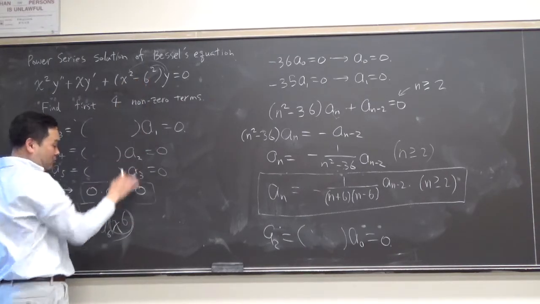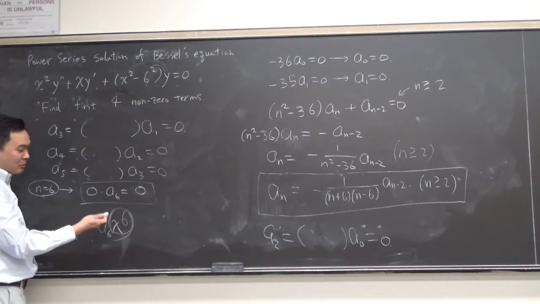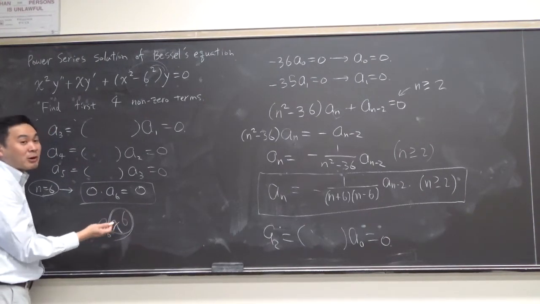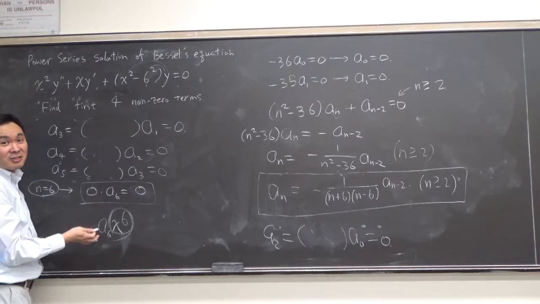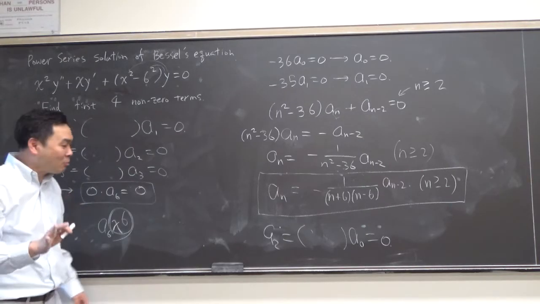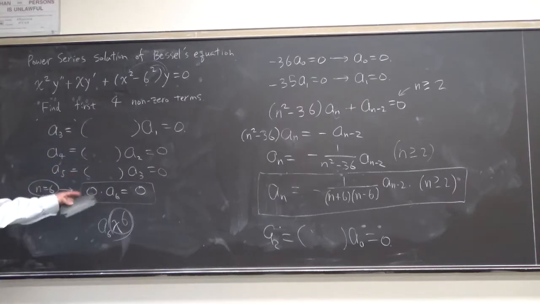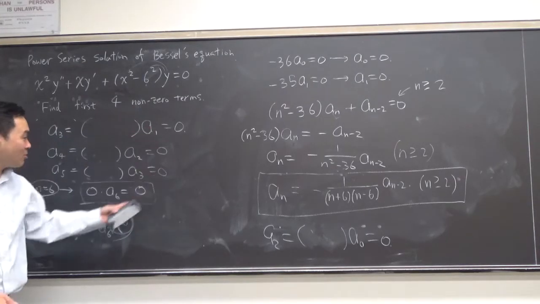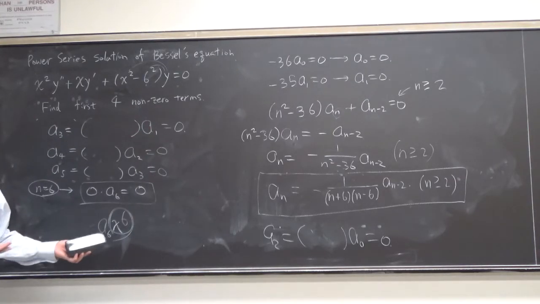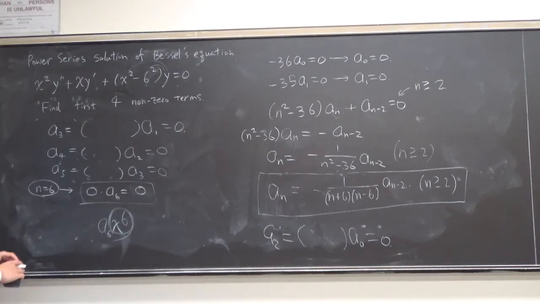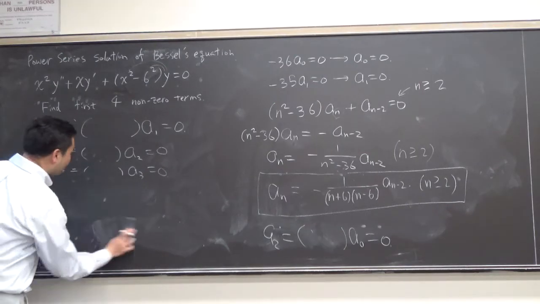This is 6 squared, so you know that x to the 6th power will be the first non-zero one. And knowing this will help you if such a question is on the exam, because you'll be puzzled. It's all giving you 0, so when am I going to get a non-zero one? But now you know. So a6 is the first non-zero value.